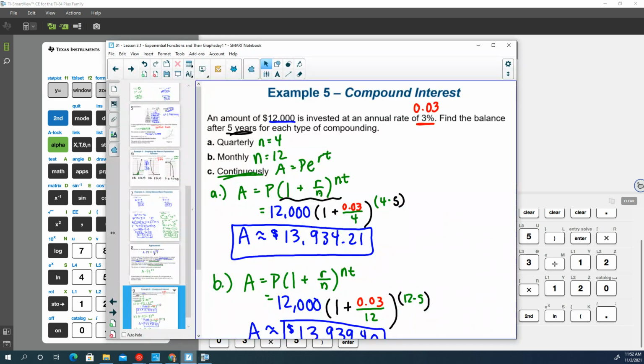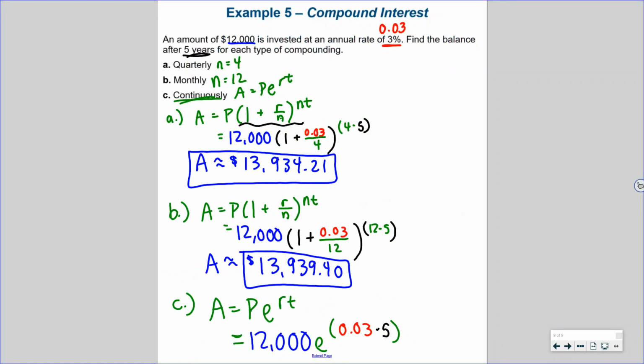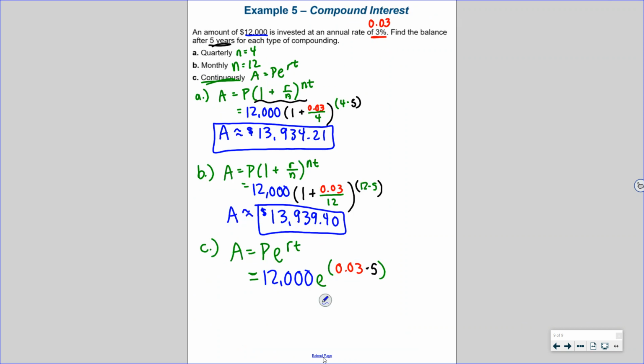Okay. And again, the more times we compound it, the higher our balance should be. So this answer makes sense. $13,942.01. Again, it's not a huge difference.